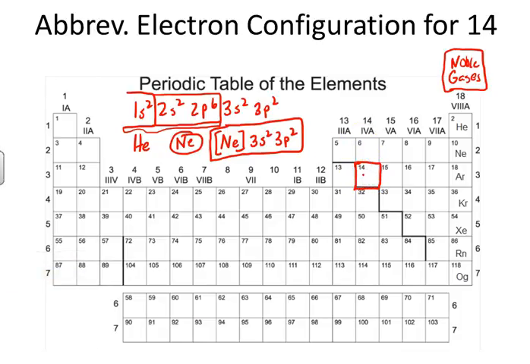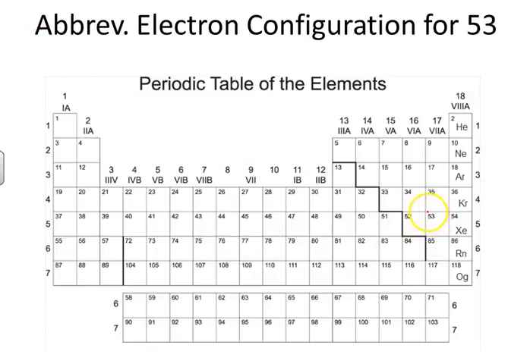We go to the last noble gas before we get to that element, and we start out with that configuration. So we say neon in brackets. Then after neon, we go to this location, then to our element. 3s2 is this element, 3s2. Then we're in the third period, P block, second element.